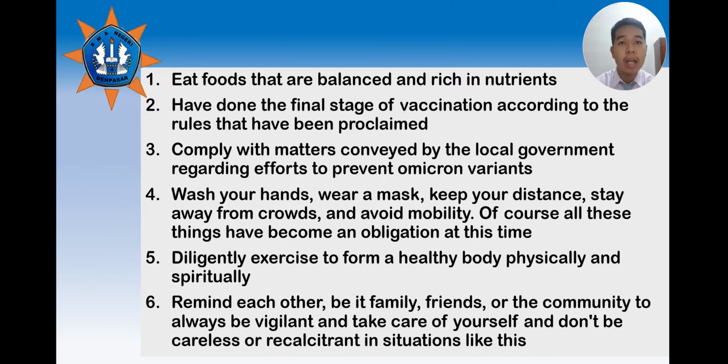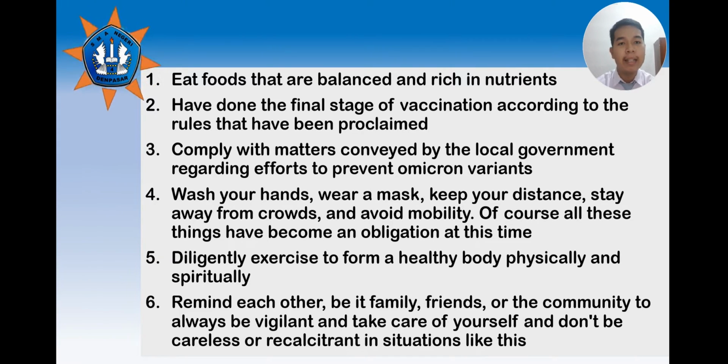In Indonesia, we call this 5M. Of course, all these things have become an obligation at this time.